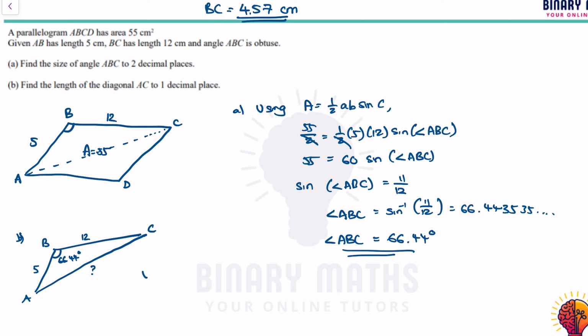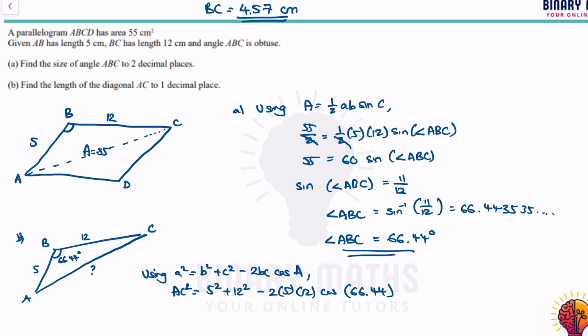So using a squared is equal to b squared plus c squared minus 2bc cosine A, I get AC squared. AC squared must be equal to 5 squared plus 12 squared minus 2 times 5 times 12 times cosine of 66.44 degrees.